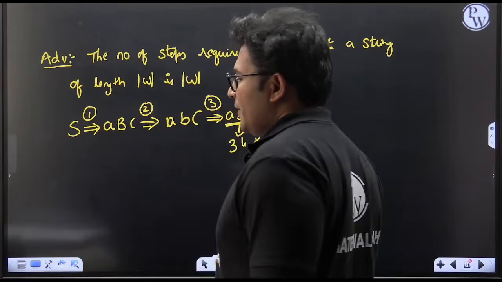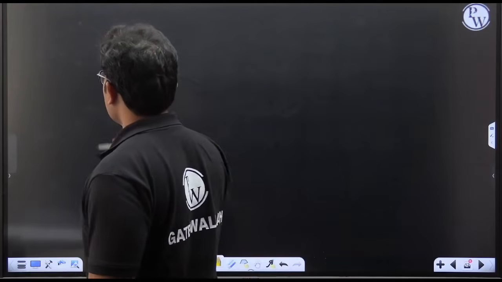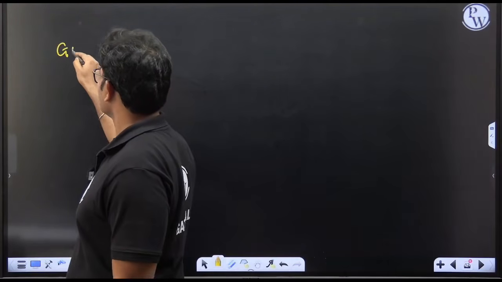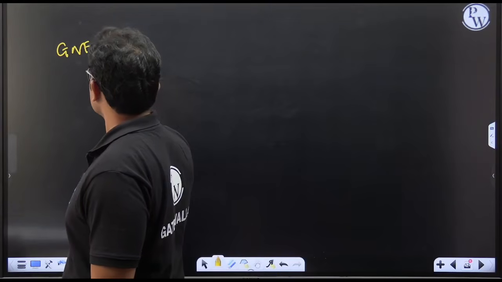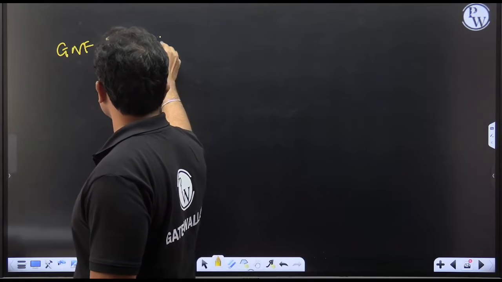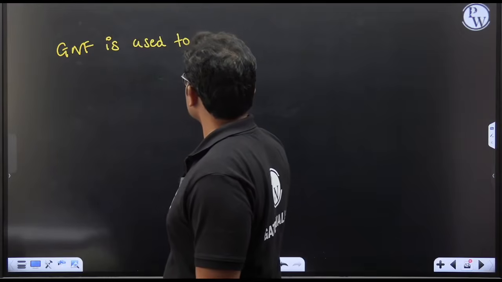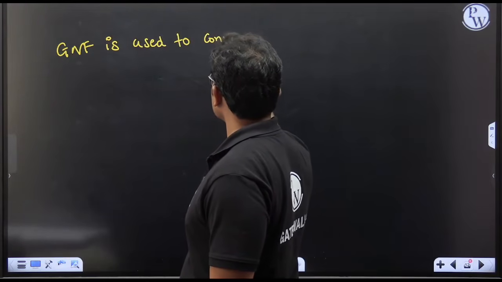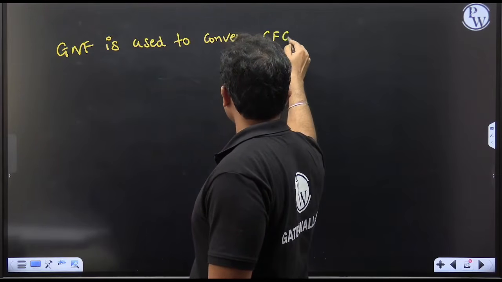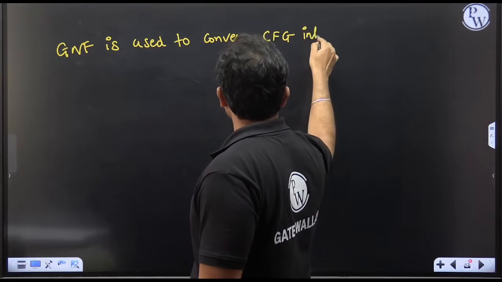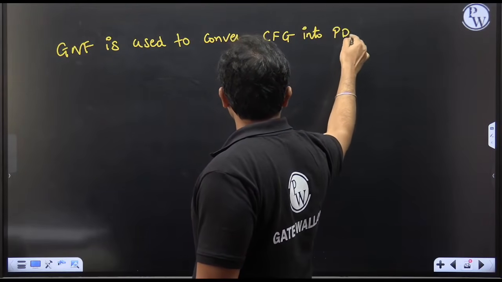And what is the main advantage of GNF? GNF is used to convert context-free grammar into pushdown automata.